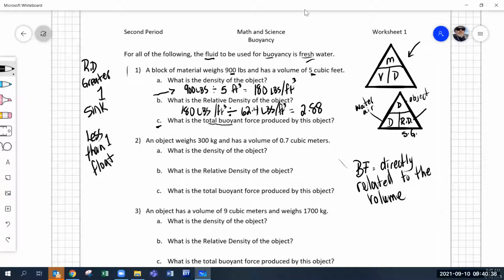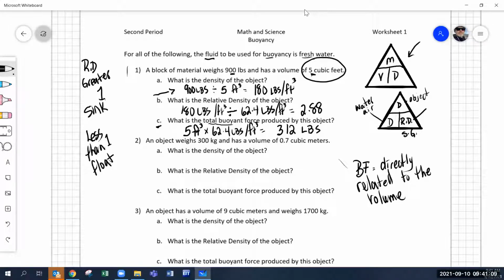Here we have a volume of 5 cubic feet. So I'll take my 5 cubic feet and I'll multiply that by 62.4 pounds per cubic foot. So the buoyant force of this is 312 pounds of buoyant force.